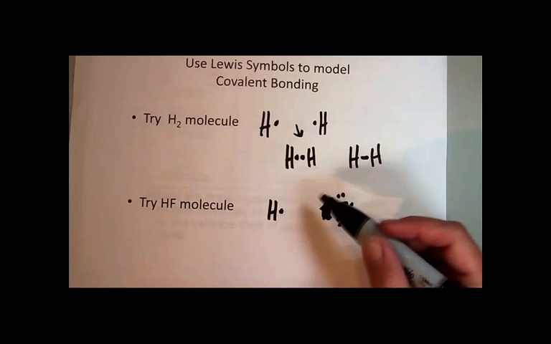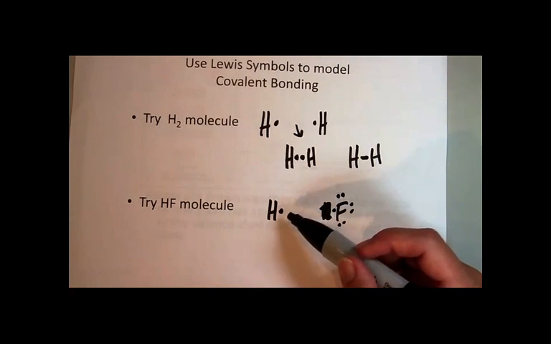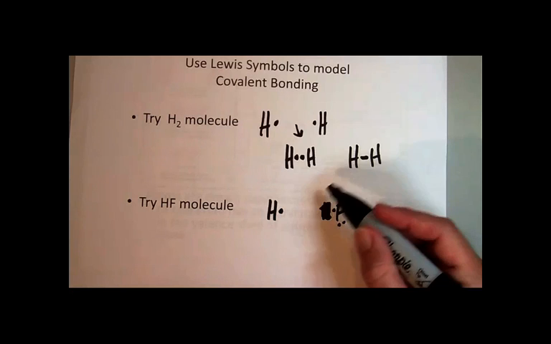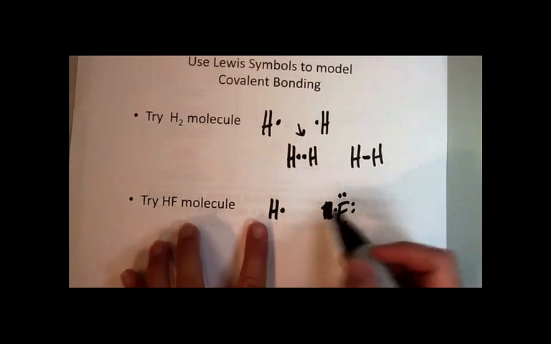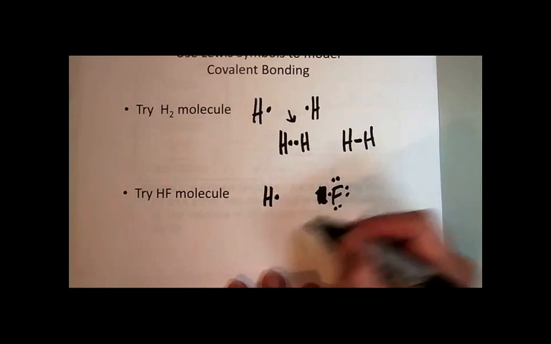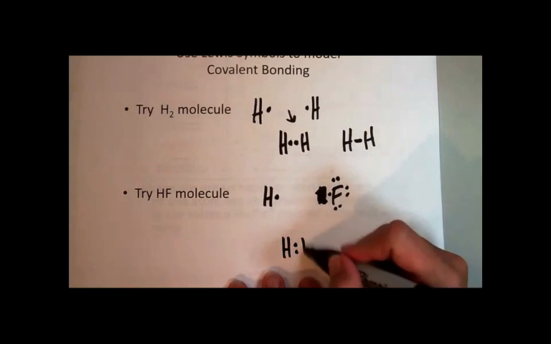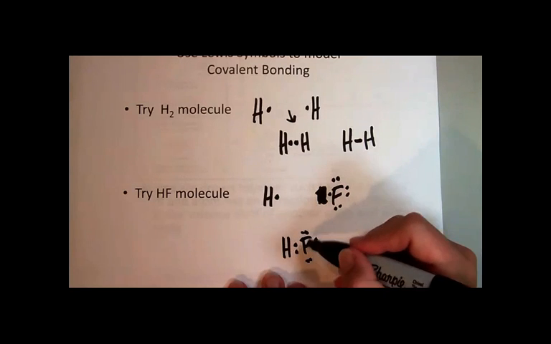It's only hydrogen and helium, and there are a couple other exceptions that we'll get to when we need to, but hydrogen and helium need 2. Fluorine, like most other elements, needs to have 8 electrons in its valence shell. So these two atoms are going to come close together in space, and the one electron from the hydrogen and the one electron from the fluorine are going to occupy a space between the two.